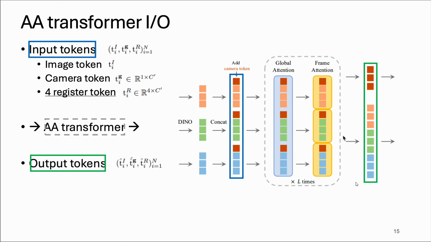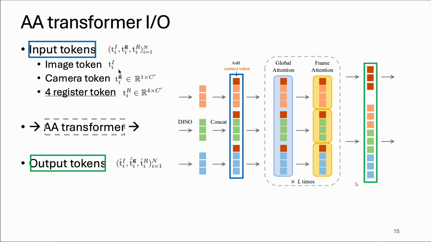We can also take a look at the detailed structure of this alternating attention transformer architecture. The input tokens consist of image tokens, a camera token, and also 4 register tokens.